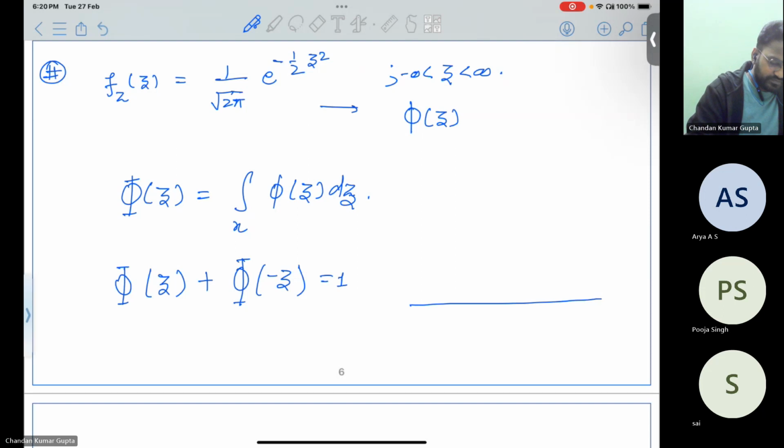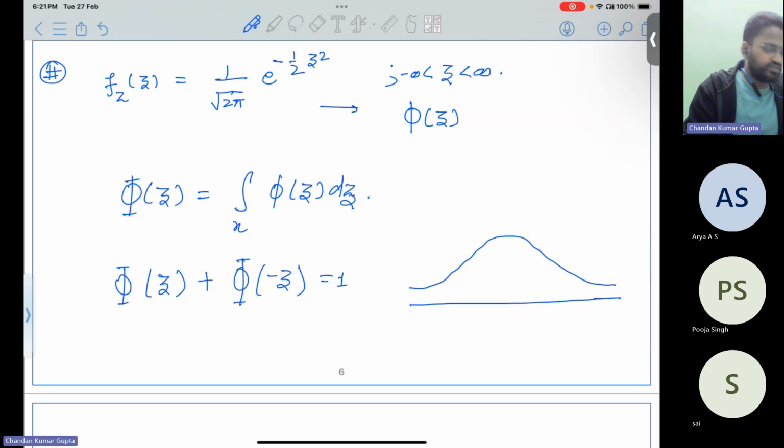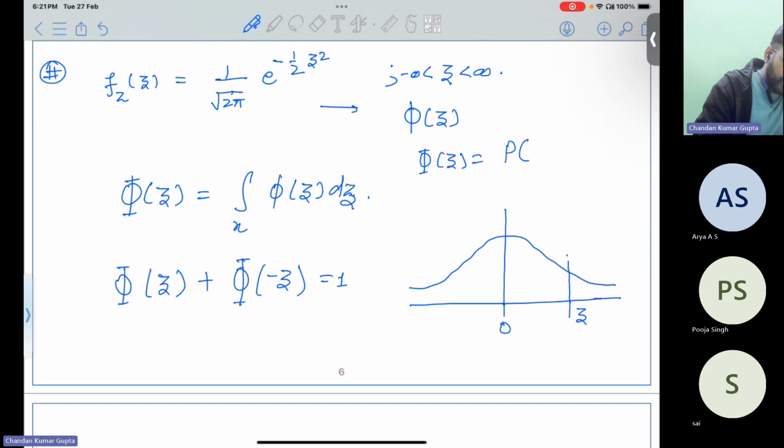Suppose it is a normal curve, actually, with the mean equal to 0. And let this be the point z. So what is capital phi z? It is the probability that Z is less than or equal to z. This is the definition of the CDF, and this is the normal CDF. So we can write it like this.